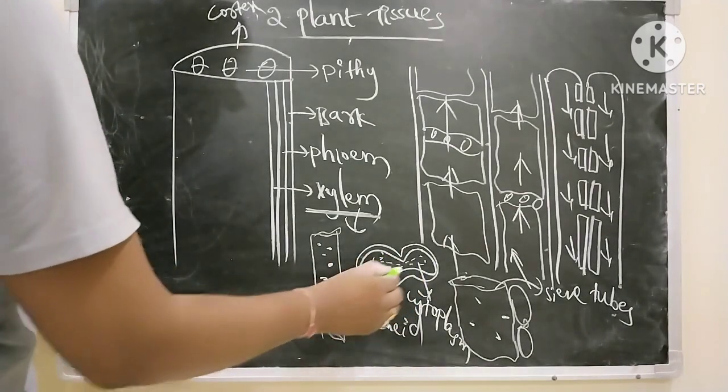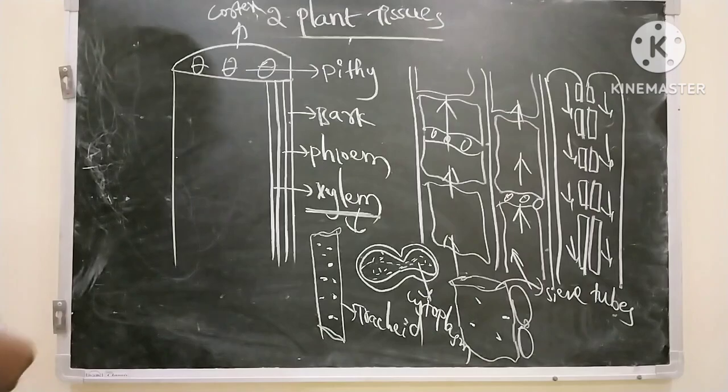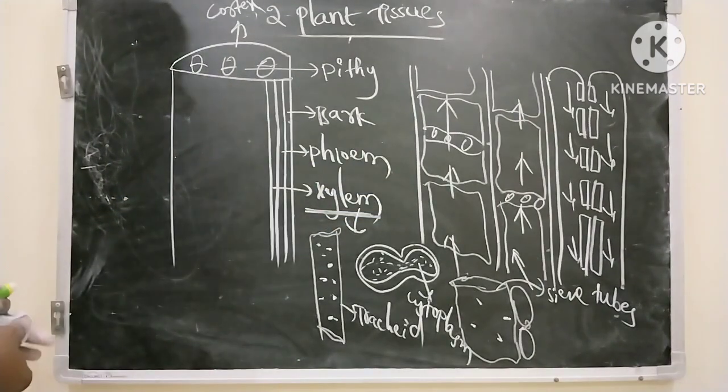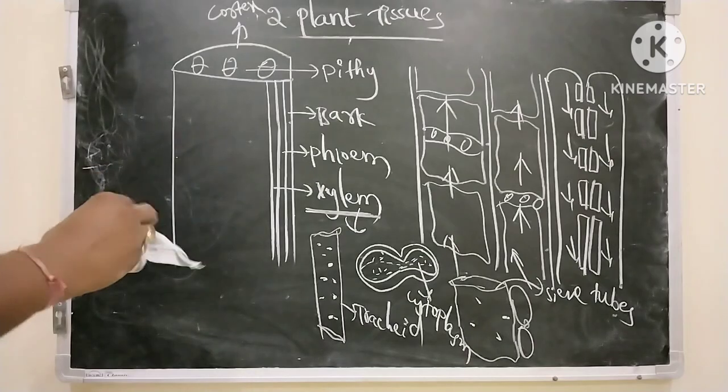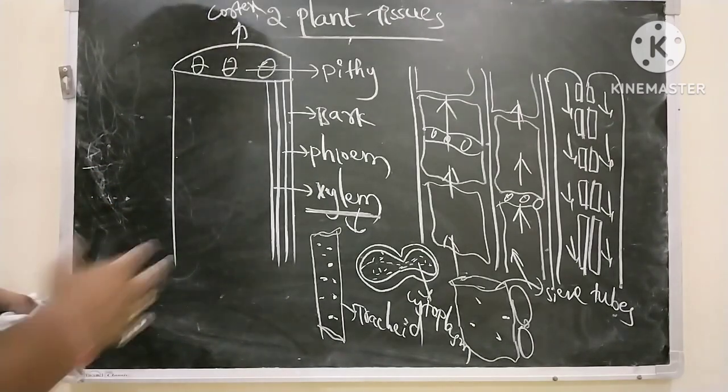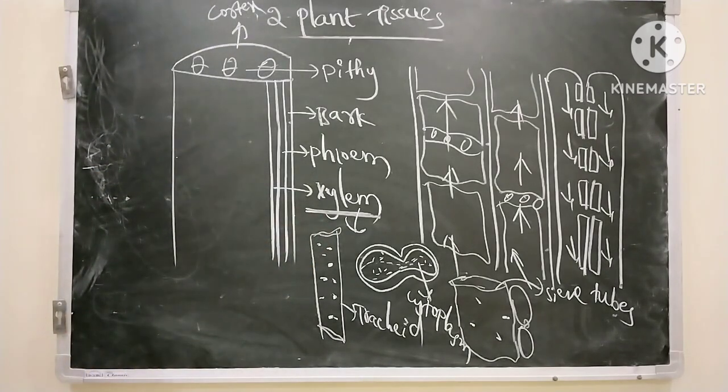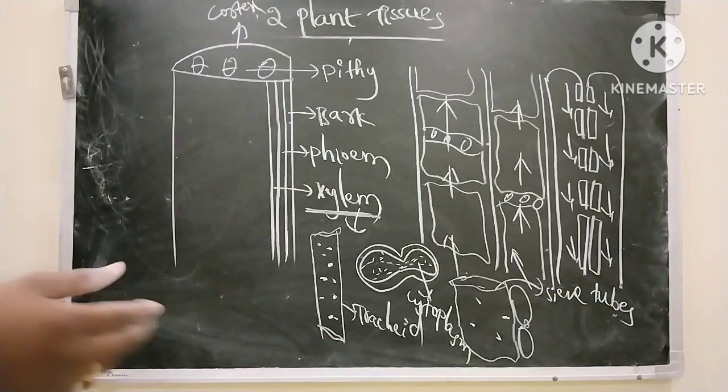This is how transportation occurs in xylem and phloem. With the help of xylem and phloem, which come under vascular tissue, the transportation of water and food materials is possible. So this is about plant tissues. We will discuss another topic in the next class.